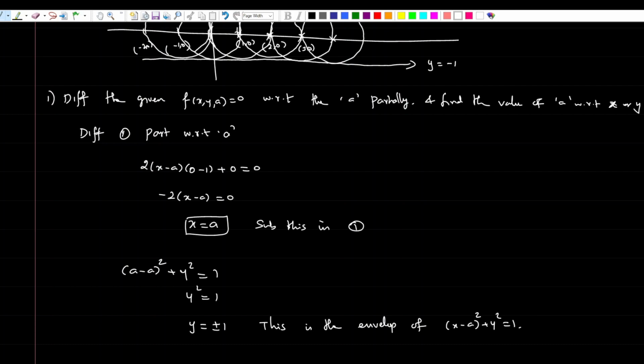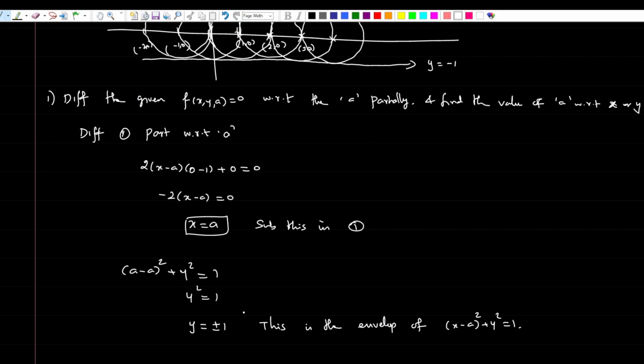So here the steps we followed are, first of all we have to differentiate the given equation partially with respect to the parameter, and we have to find the parameter, and when you substitute the parameter in the equation you will get the envelope. This is the way we are going to find out.